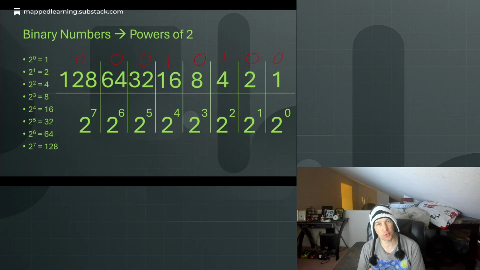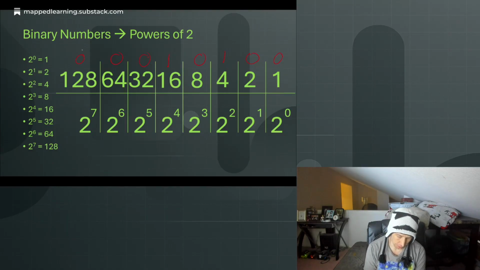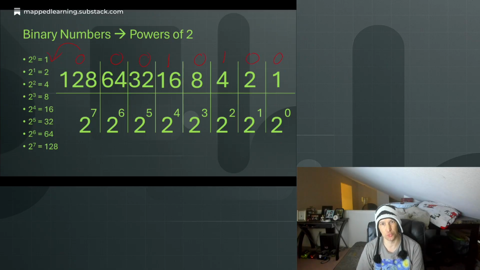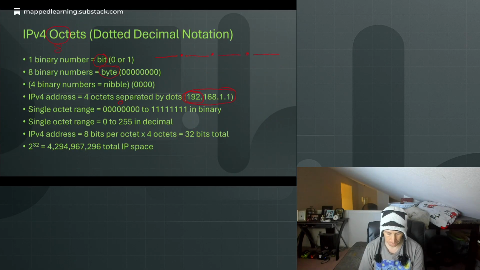But if we subtract 1, then that's 255. So if we turn all of these bits on, it goes to 255. If we add one binary bit to that, it turns all of these bits off, and the next bit over to the left on, which is 256. So we have 0 to 255 in each of these octets.